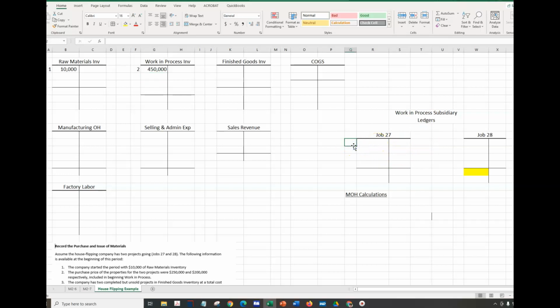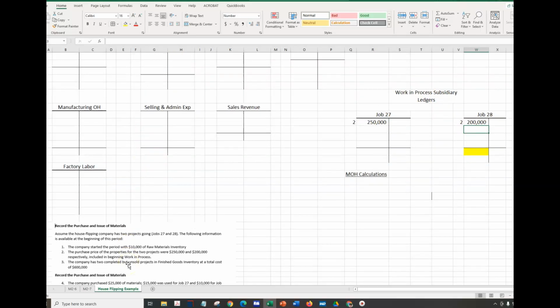So for job 27, we have $250,000. For job 28, it's $200,000. Oops, I guess I need another zero there. $200,000. So together, those equal the $450,000. So we'll want to keep track of this separately as well as all together.